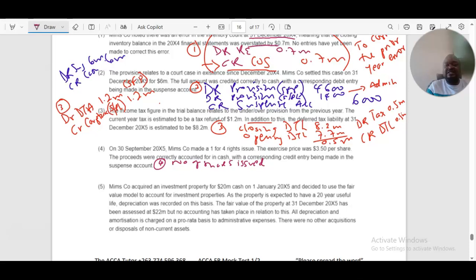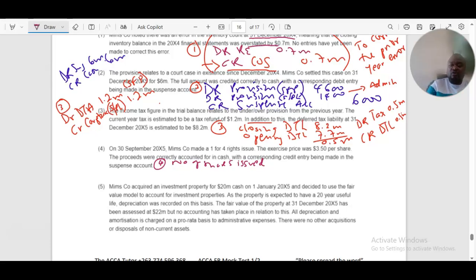We need the number of shares issued because there was a 1 for 4 rights issue, which means 1 share for every 4 already held. Those 4 should be the number of shares outstanding or currently with the shareholders.